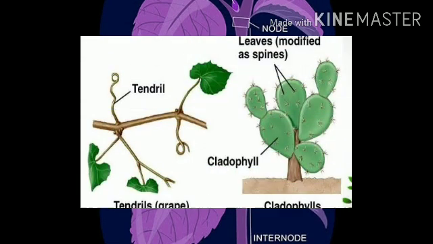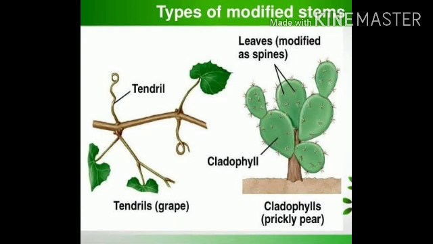So let us study the modification of the stem. First example is tendril. You must have seen the plants of cucumber, watermelon, etc. So they produce elongated, slender, green, coiled structures that help them to climb the wall or to climb the supporting structures.